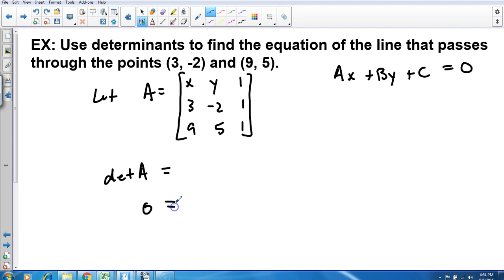So 0 has got to be equal to x times -2 minus 5. That's here. Minus y times the quantity 3 times 1 minus 9 times 1. So 3 minus 9. And then plus 1 times the quantity 3 times 5 minus 9 times -2.